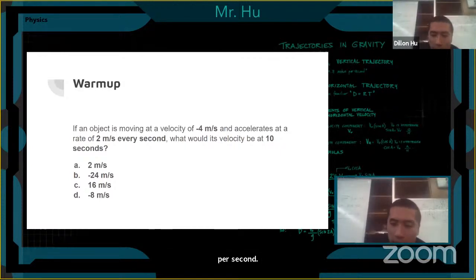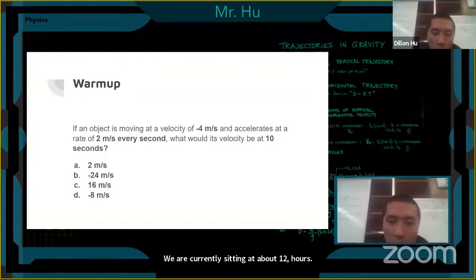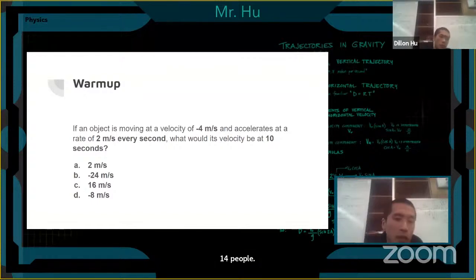We are currently sitting at about 12 out of 15. So we need about 3 more people to respond to the question. Let's try to get 100%. Let's take 1 more minute to go through this problem here.